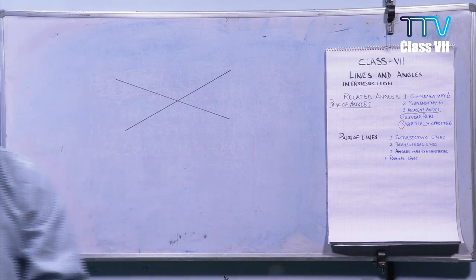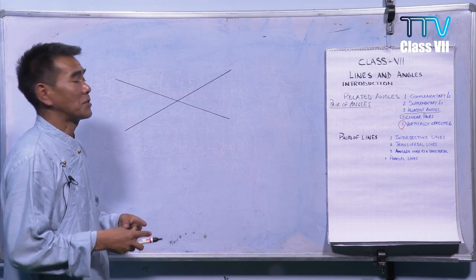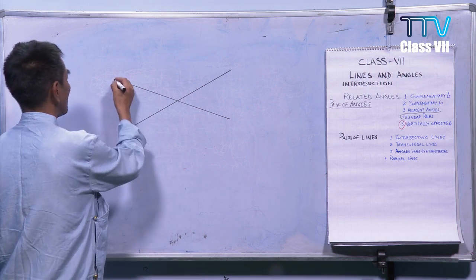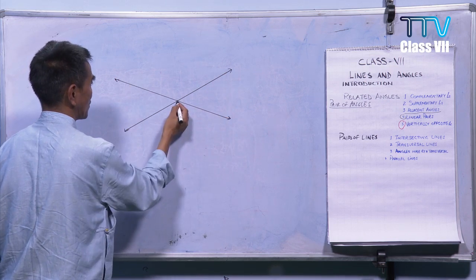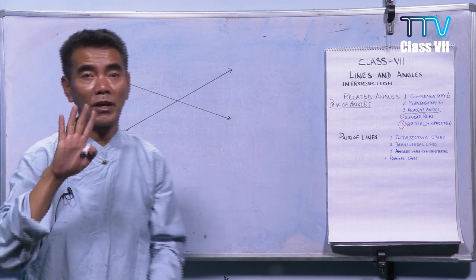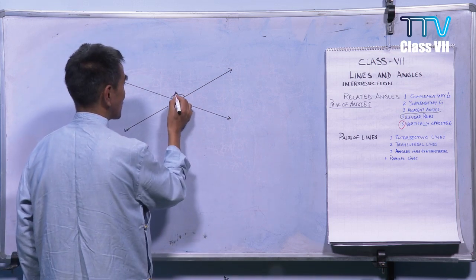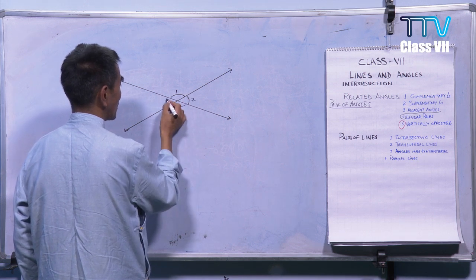Okay. So when two lines, or rays, or line segments, intersect at a point, we get four angles. First angle, second angle, third angle and fourth angle.